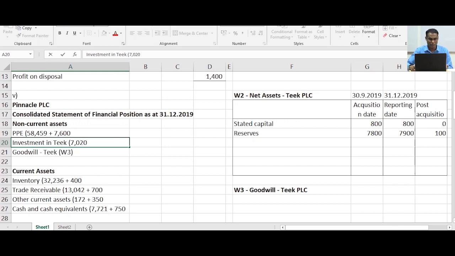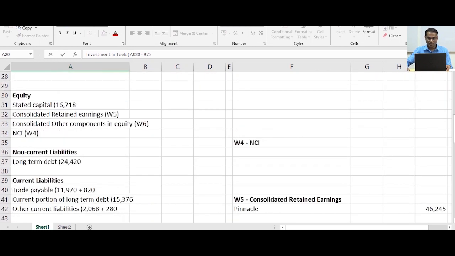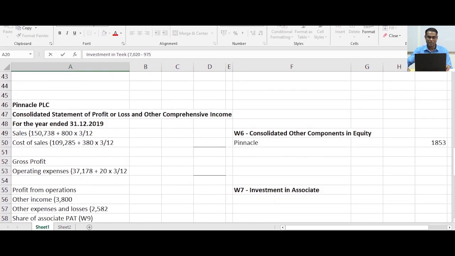Now what you do is you deduct 975 here, that is the credit entry, and that has to be debited to the relevant reserve, because this fair value gain of the equity investments should have been included within the other components of equity of the parent within this 1,853. So that has to be deducted. Deducted means, this is a credit balance, so deducted means this has to be debited.